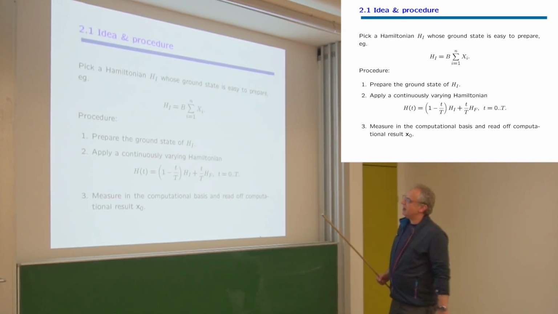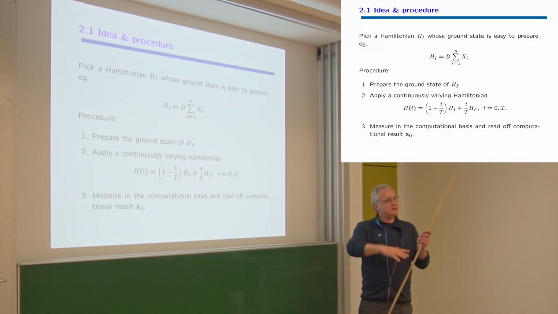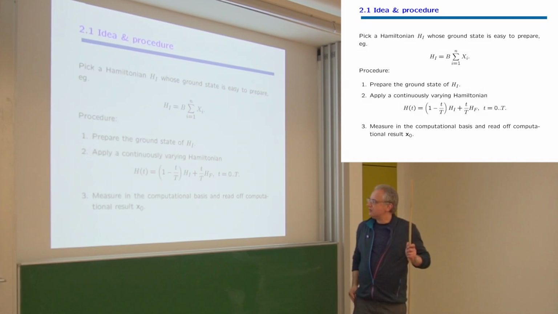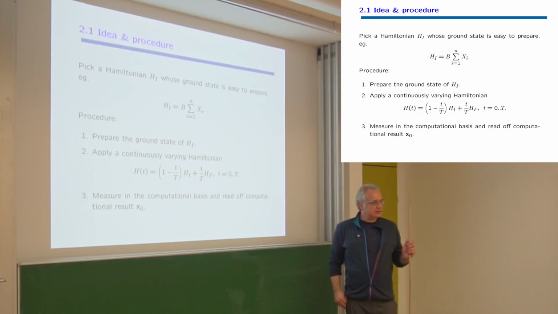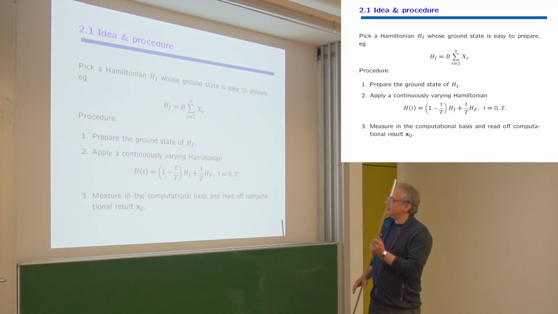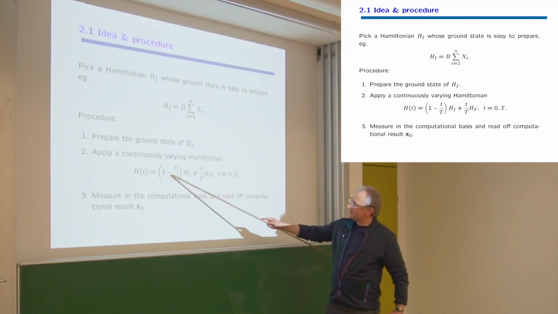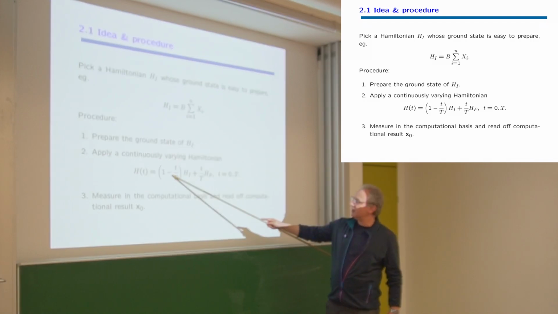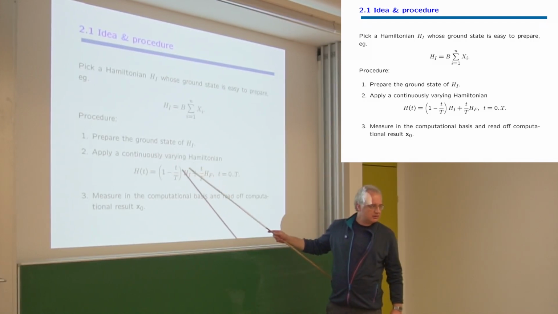Now, such a thing, if T is large enough so that the Hamiltonian changes slowly, is called adiabatic evolution. And it so happens that if you are in the ground state of such a Hamiltonian to begin with, you stay in the ground state throughout the evolution.